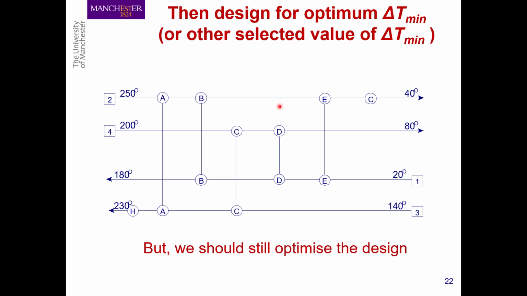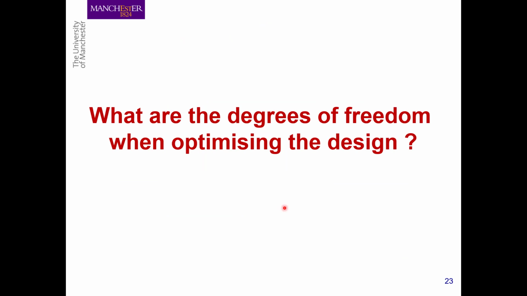Okay, and one way of further optimization is to look if we can still recover some heat within this HEN network. So if we have an MER based HEN network, or a HEN network based on some other target that would not be optimal in terms of energy recovery, how can we optimize that system?